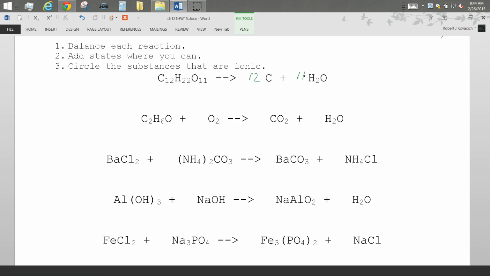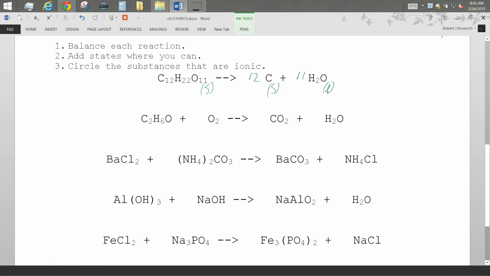Solid, the first one. How come this one's a solid? Isn't it like a sugar? Yeah, it's most likely a carbohydrate. It's got carbons, hydrogens, and oxygens, and they're in nice ratios that make me think that this thing is a sugar. The carbon, solid, and the water, liquid.